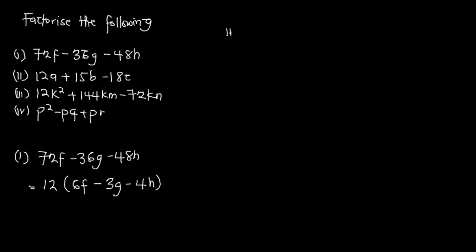So let's tackle the second expression. We have 12a plus 15b minus 18c. Over here is the same as the first one. There's a number that can go into 12, 15, and 18 without any remainder, and that number is 3. So we factor the 3 out, then we open bracket. 3 multiplied by 4 will give us 12, so we write 4a here.